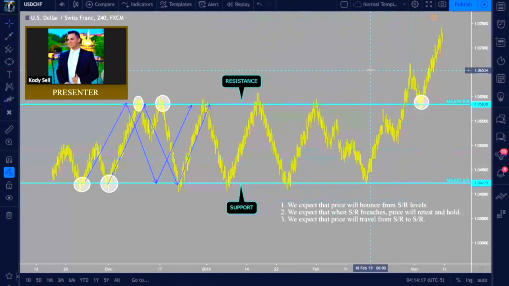Very simple. I'm going to repeat this again. In the financial markets, price is always moving between some type of support and resistance. This section, we're specifically talking about horizontal support and resistance. So the point that we're looking to make here is that price is always traveling between some type of horizontal support and resistance.